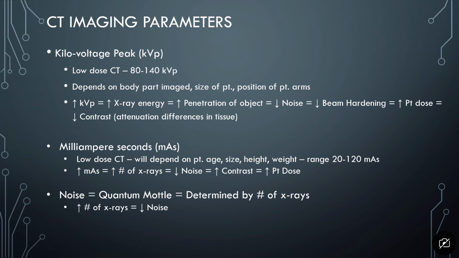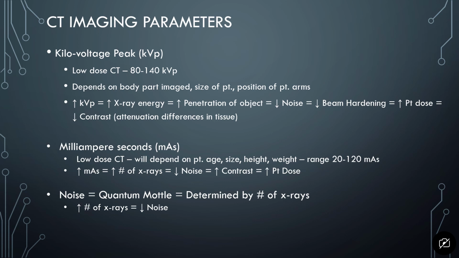It could be anywhere from 200 to 400 or even maybe up to 600, although that would be a really high radiation dose for diagnostic CT. So for diagnostic CT, you're going to see it closer to 400 mAs or so, 200 to 400, maybe higher if the patient is heavy set. And then for low dose CT that you see in hybrid imaging, it's going to be 20 to 120-ish.